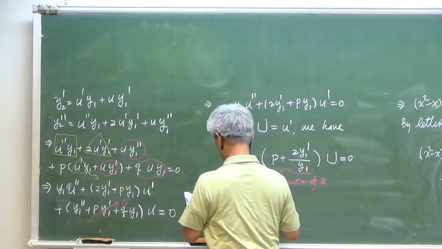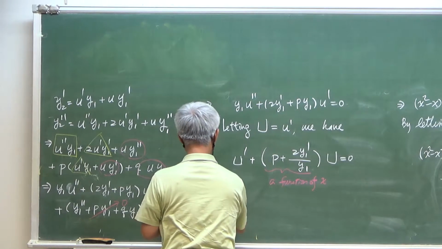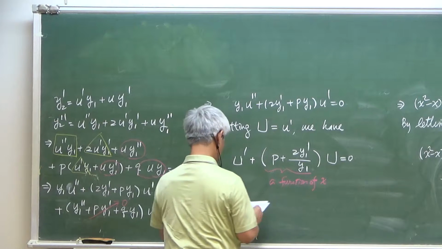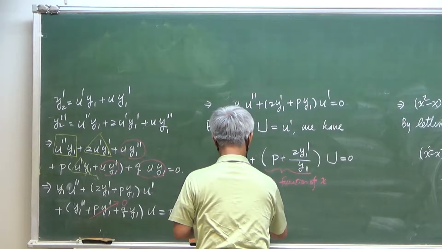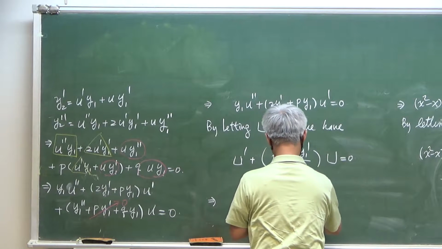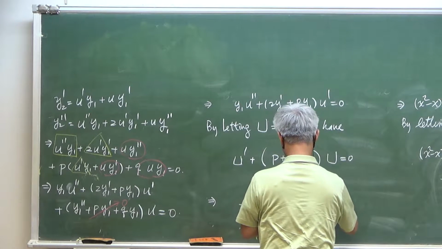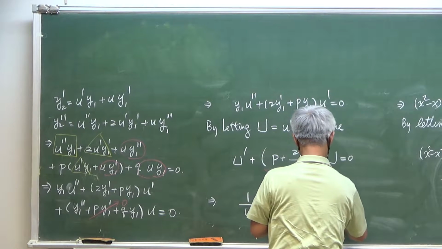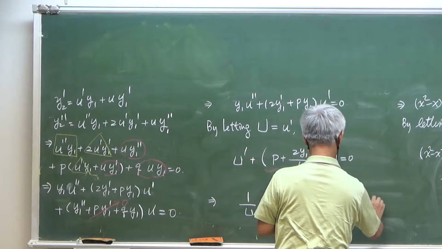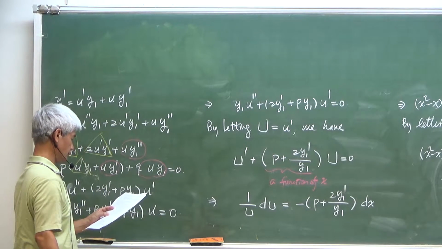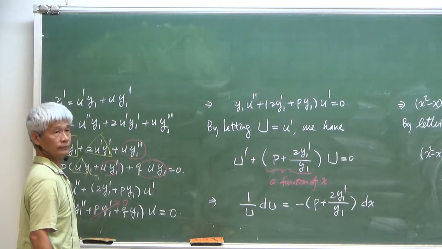So you can apply the method of separating variables. So you have dw over w equals minus (p plus 2 y1 prime over y1) dx.